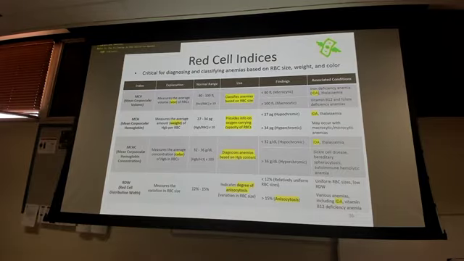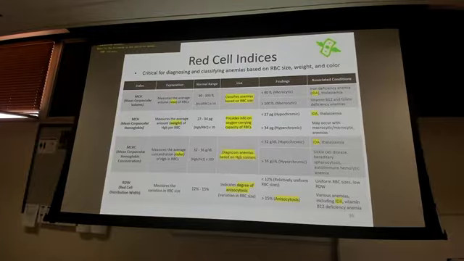All right, money slide. This is where it gets a little bit better for the MCH and MCHC, okay? It explains it just a little bit more. So MCV is your size, so the actual size of the RBCs. Your MCH is more of the weight, okay? So this provides info on the oxygen carrying capacity of your red blood cells.